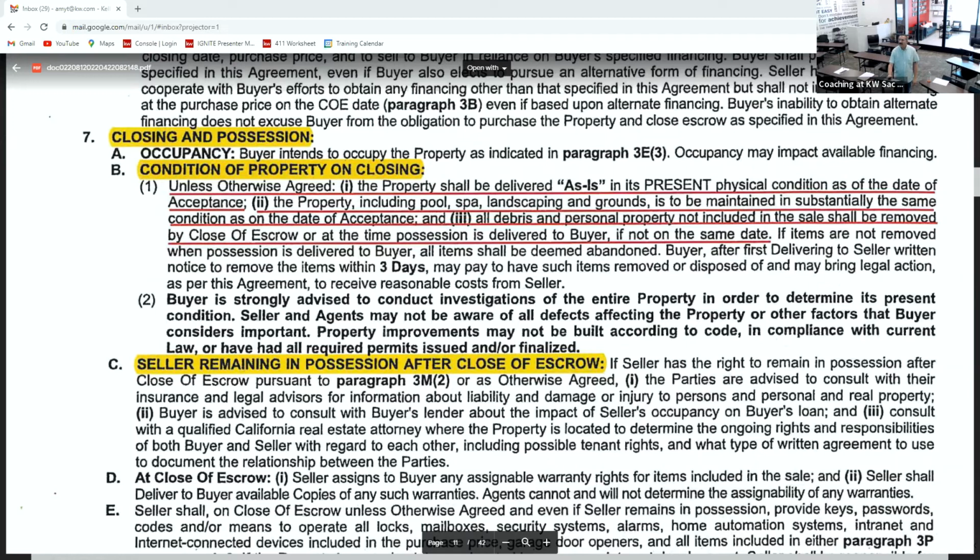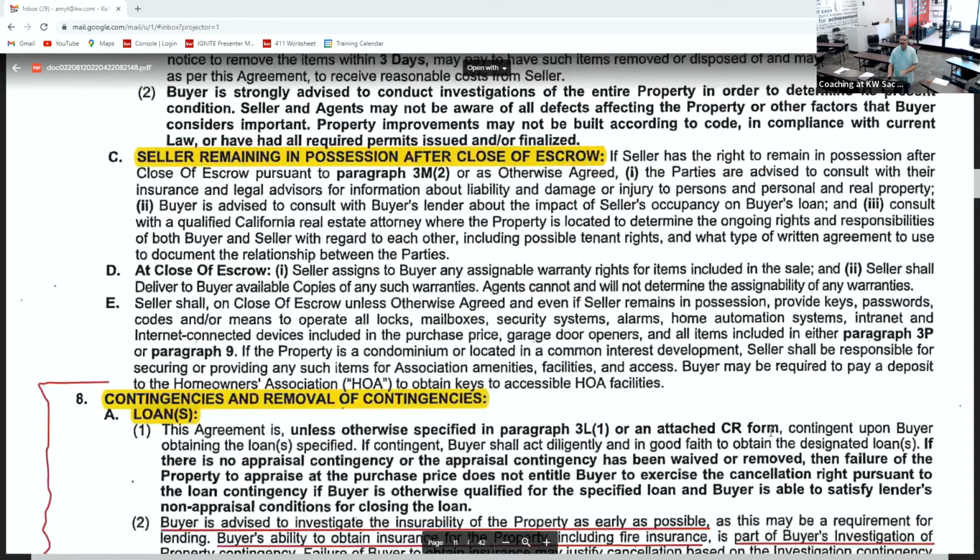Seller remaining in possession after the close, that's only if it's been contractually agreed, and we talked about those forms earlier. At the close of escrow, if there are warranties or owned alarm systems, things like that, the sellers remain to give the passcodes and all that stuff to the buyer.